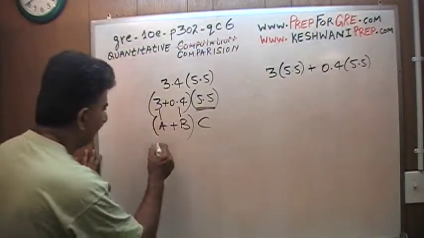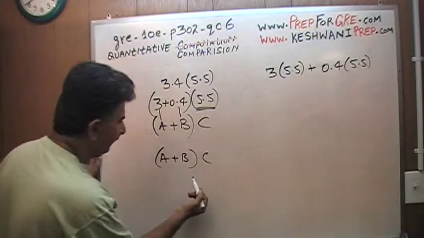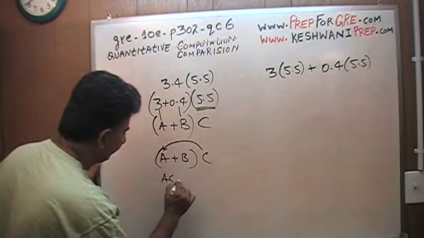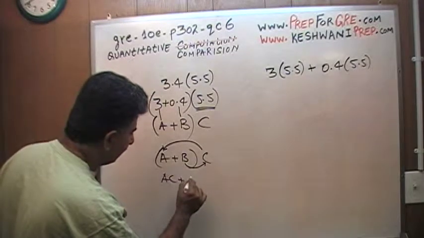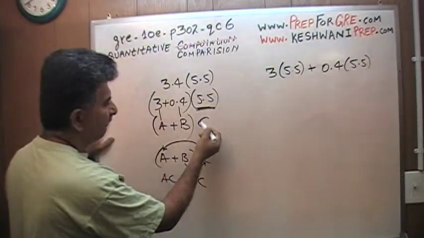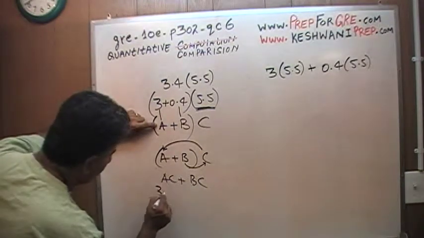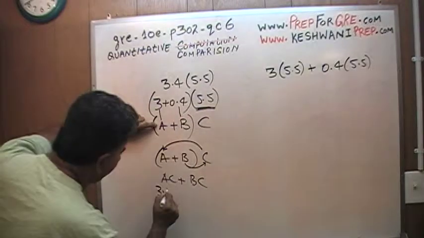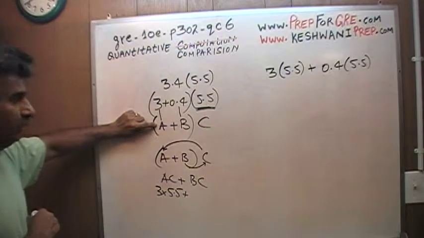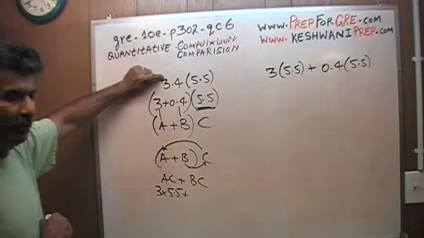What do you suppose A plus B times C would be? I'm going to rewrite it here. A plus B times C should be A times C plus B times C. As I told you before, your C is 5.5 and your A is 3. 3 times C, which is 5.5, plus B, which is 0.4, because we broke up 3.4 into 3 and 0.4.